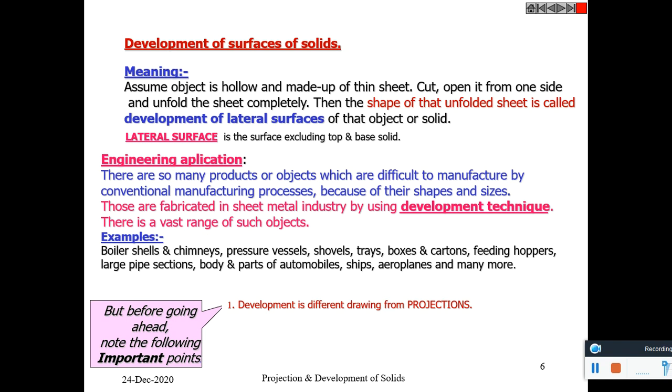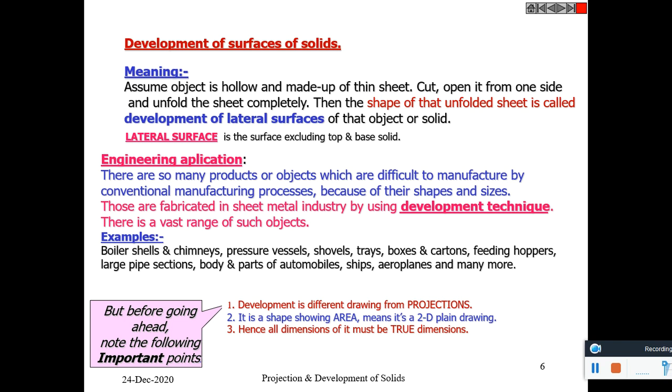Before going ahead, understand these points. Development is a different drawing from projections. We have studied the projection of points, lines, etc., and this topic is entirely different from those projections. It is a shape drawing, or a drawing showing the area, meaning it is a 2D plane drawing.